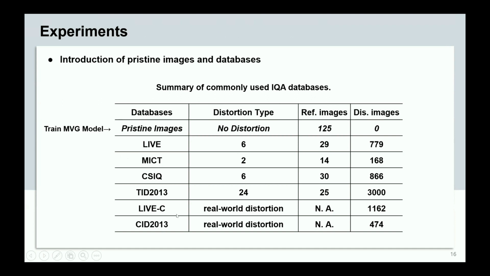Here are 6 commonly used IQA databases. The former 4 have distortion types with reference images, while LIVE Challenge and CID 2013 have no reference image and have real-world distortion.